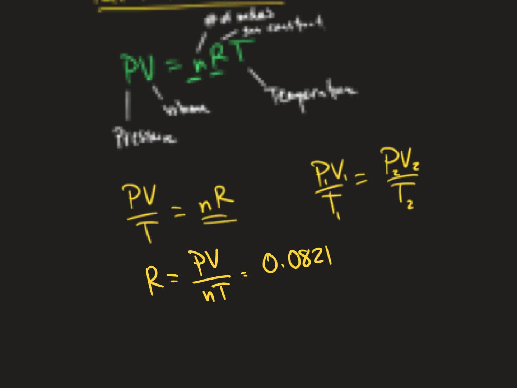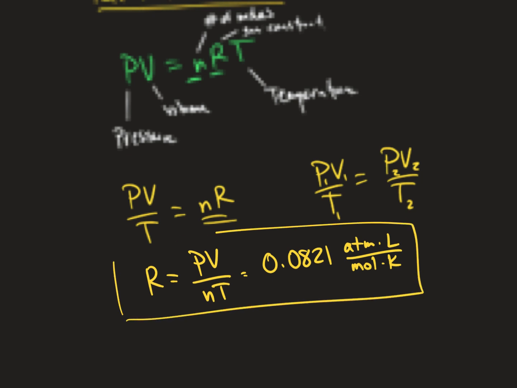But it's only that number if we use the following units. Pressure needs to be in atm, volume needs to be in liters, number of moles is moles, and temperature needs to be measured in Kelvin. If we're using those units, that's our R value.